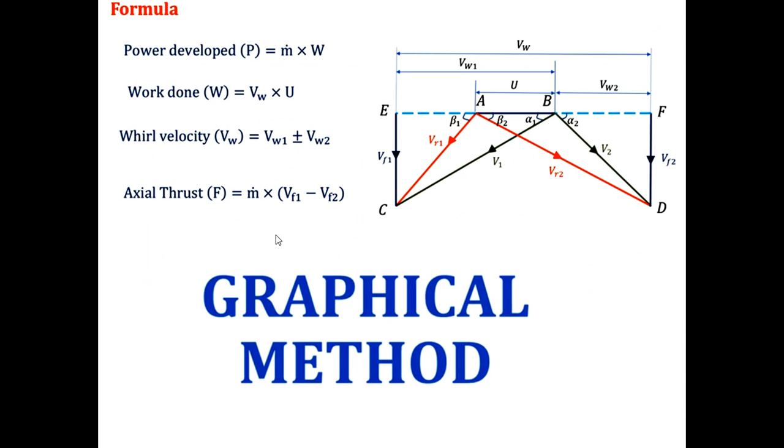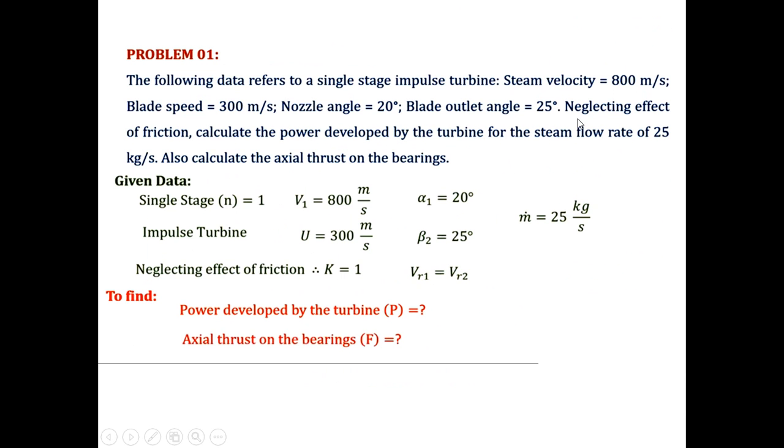In the question they have told to neglect the effect of friction. If you recall the Pelton turbine equations, if you neglect the effect of friction, the friction factor K equals VR2 by VR1.